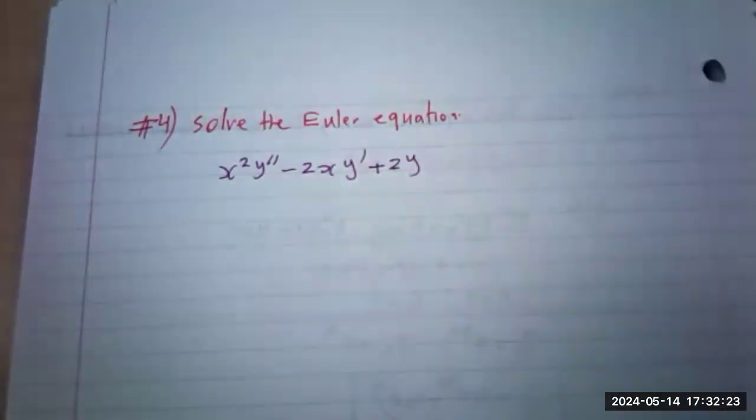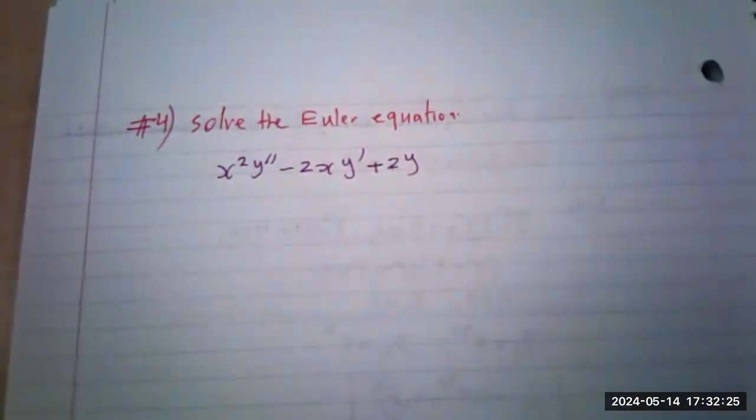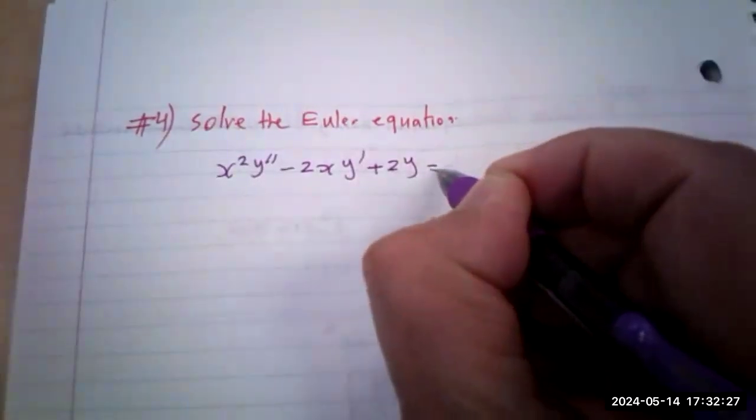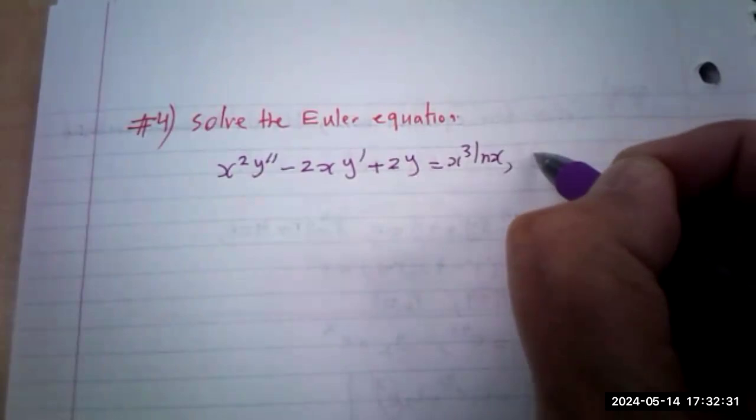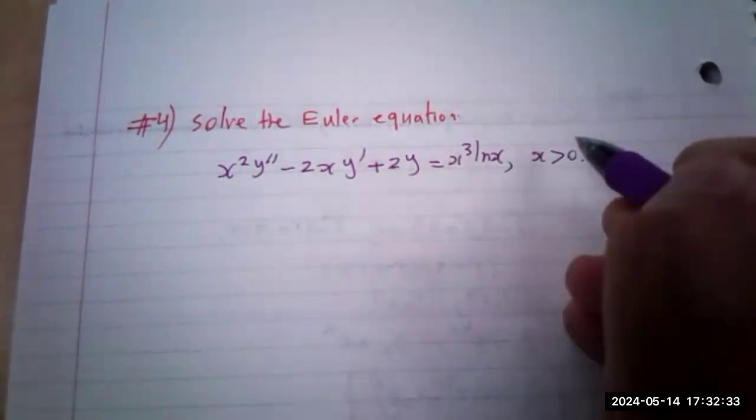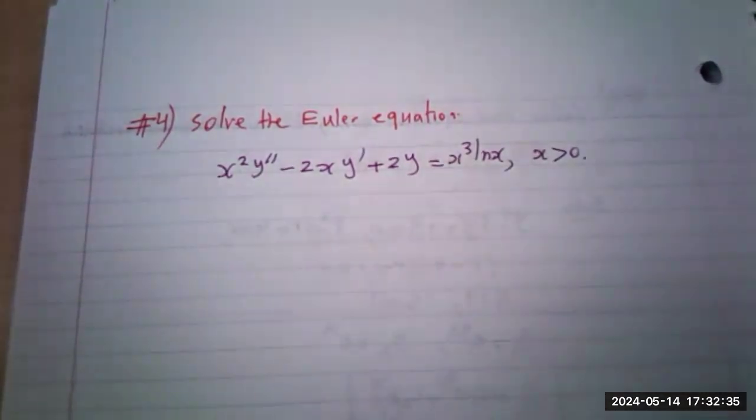The power of x is 0, and the order of the derivative is 0. And this is equal to x cubed ln x. It's going to be a non-homogeneous one, okay? Because you have to do the homogeneous one yourself. Okay, that's it. That's the Euler equation.